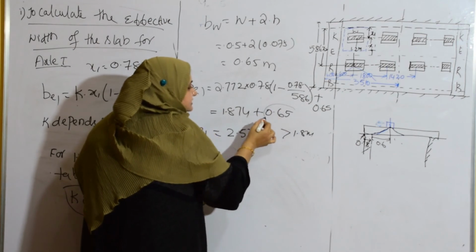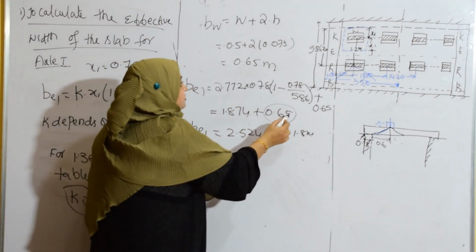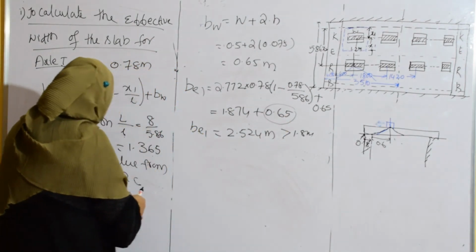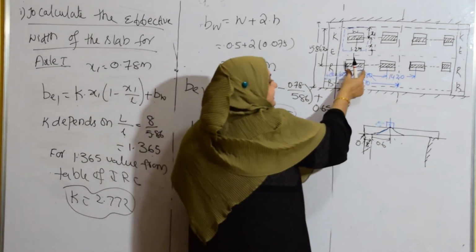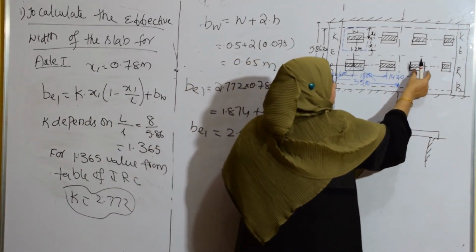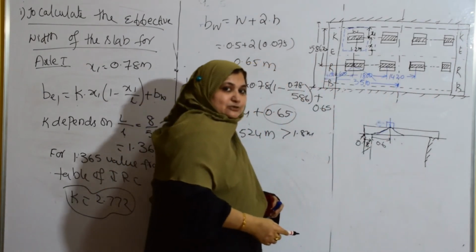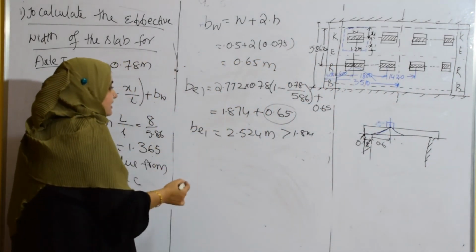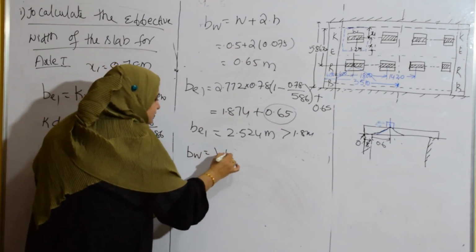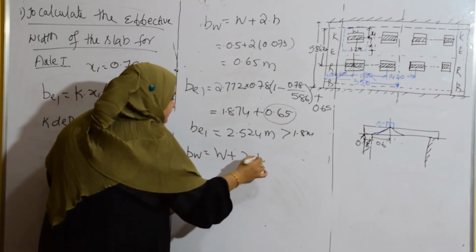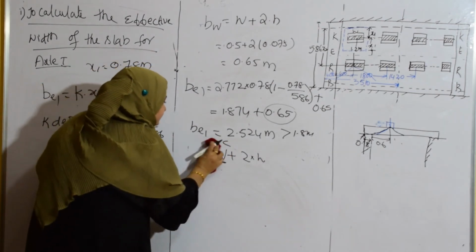Because one tire is overlapping, instead of calculating this BW for a single tire, we will calculate it for all together, from here to here. Recall that BW is equal to W plus 2 into H. The formula remains the same. This W we have to calculate for all the four tires together.